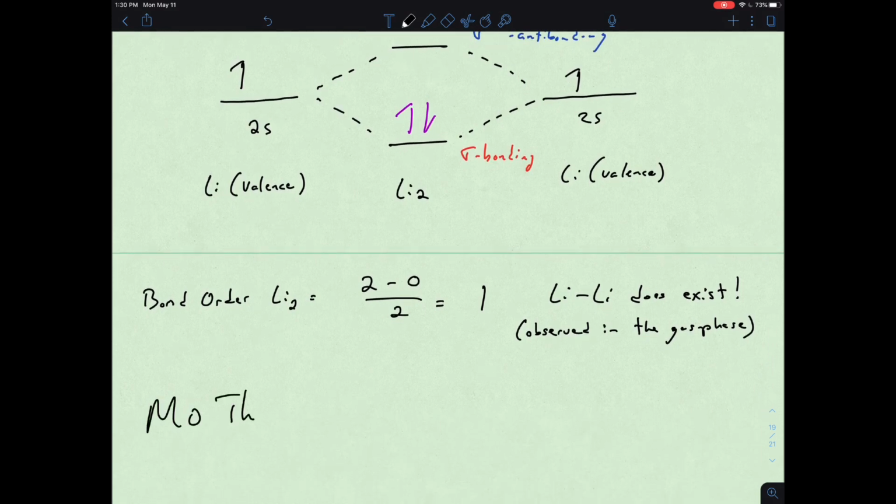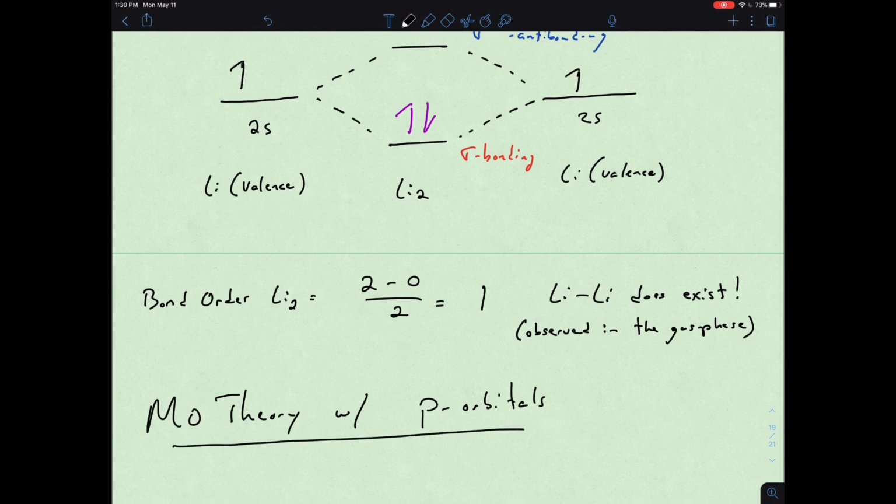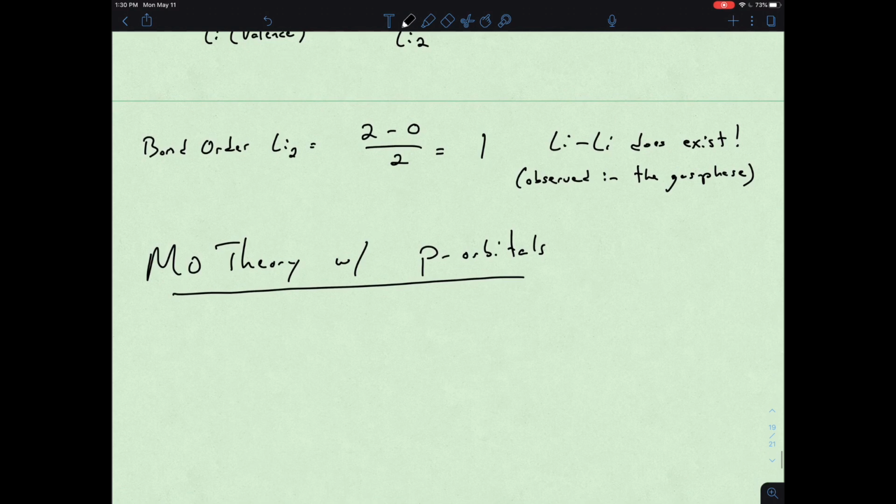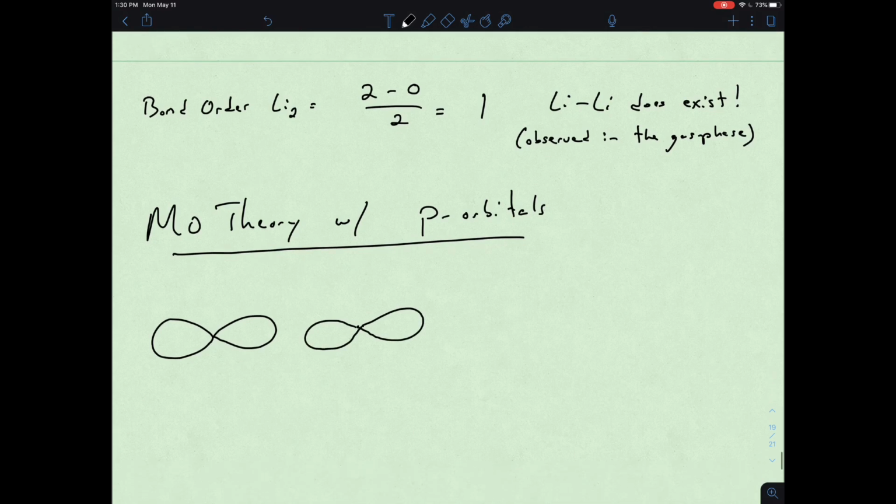What about MO theory now with p orbitals? So with p orbitals, we have two ways of orienting these. In one way, we kind of have a head to toe relationship, if you will, where they're in the same plane, right?